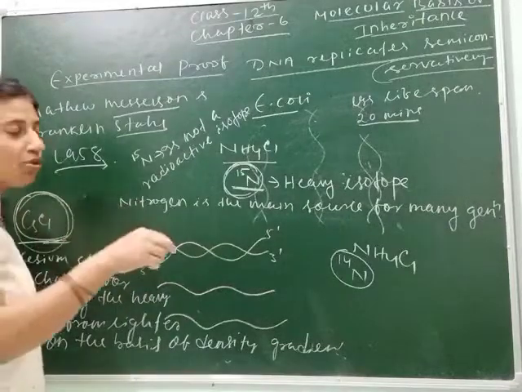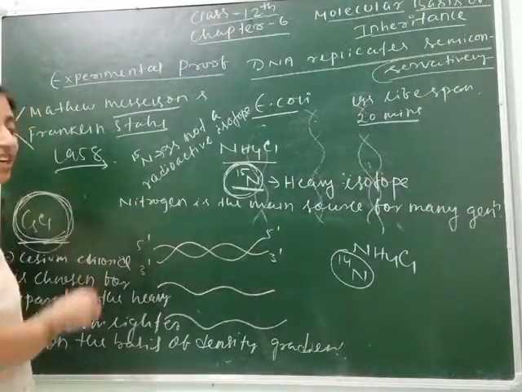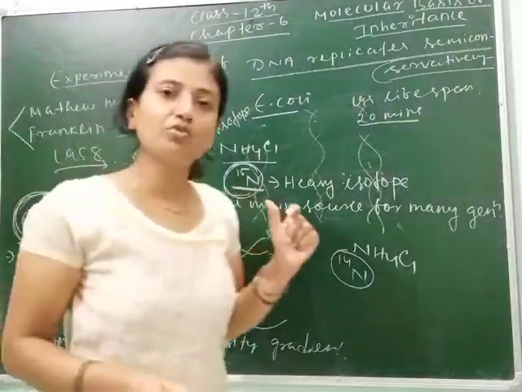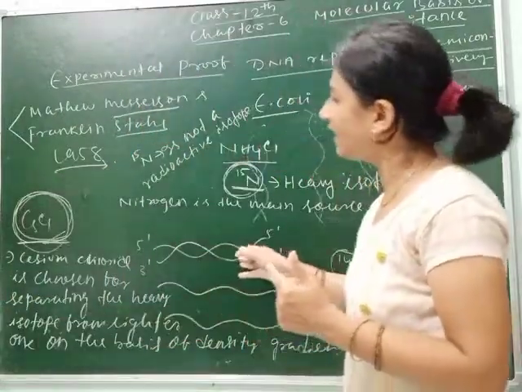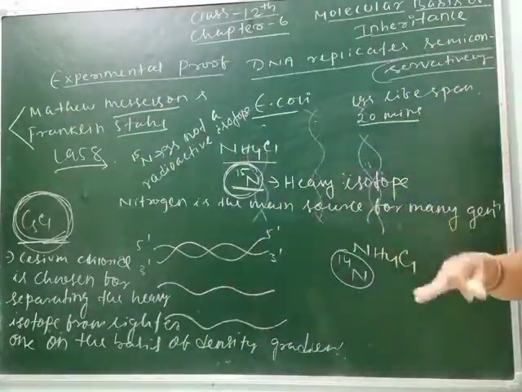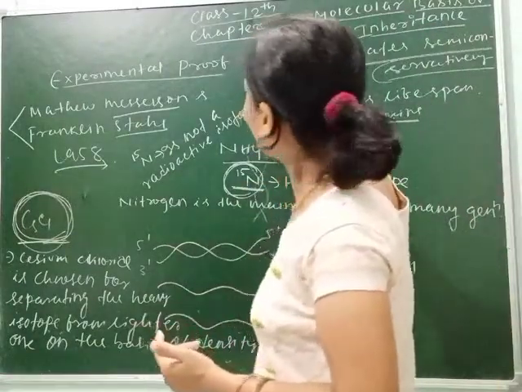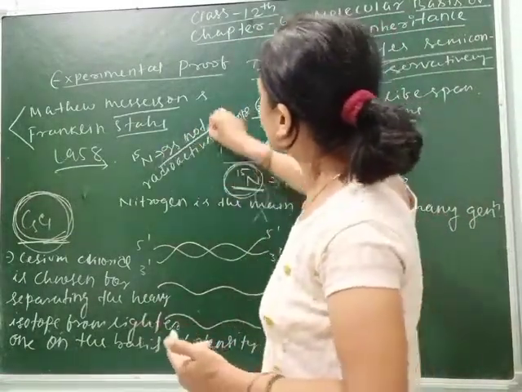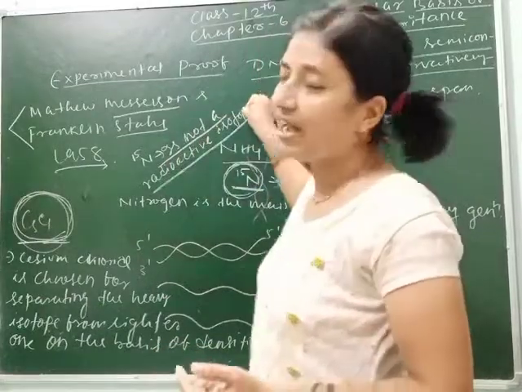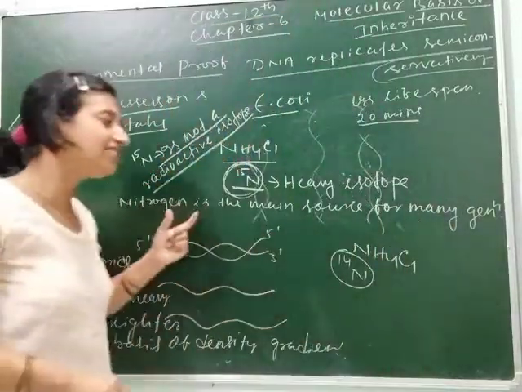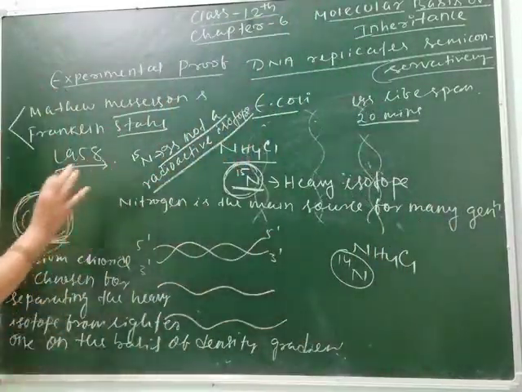That E. coli is put in the cesium chloride solution, and on the basis of density gradient, nitrogen 15 is separated from nitrogen 14. Here I have told you that nitrogen 15 is not a radioactive isotope. That's why it can be easily separated from nitrogen 14.